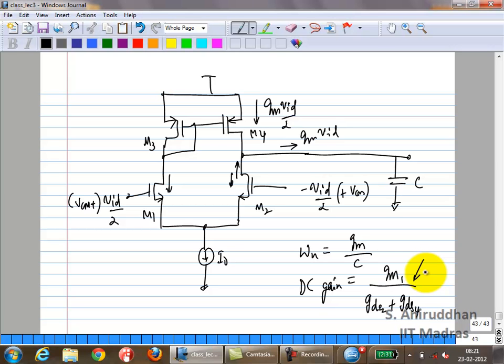Typically GDS to GMBS to GM was approximately 1:10 to 100. Those are the orders of magnitude. So the gain you can expect from this kind of stage is probably a few tens to maybe 100 to 200. Not much more than that.